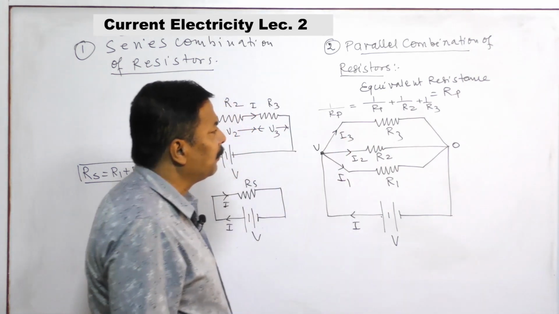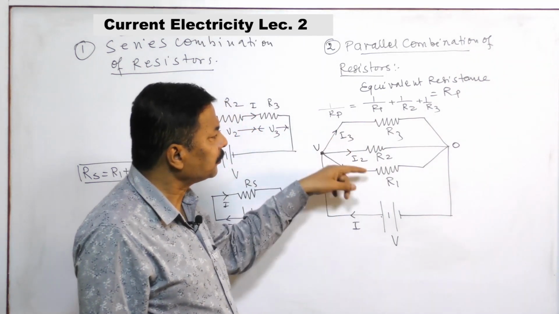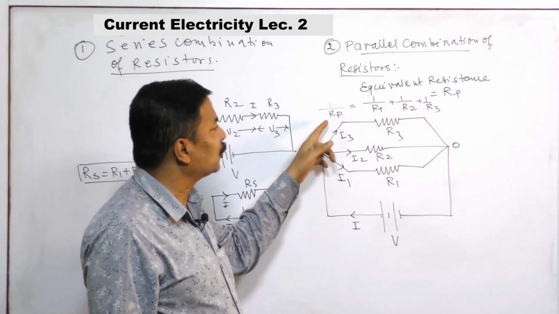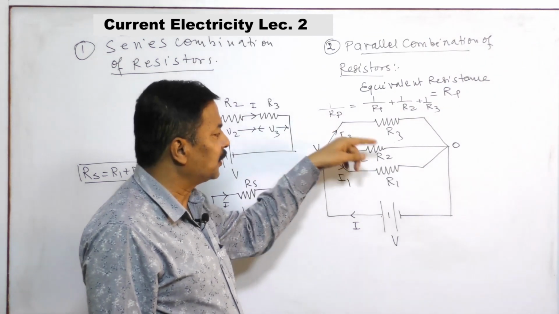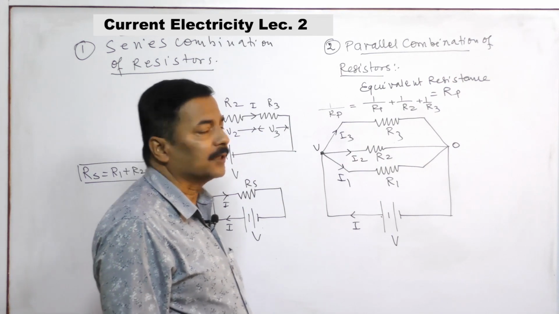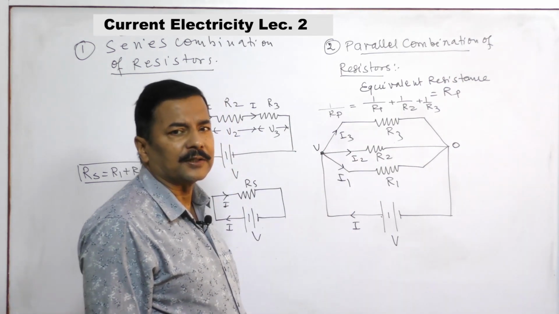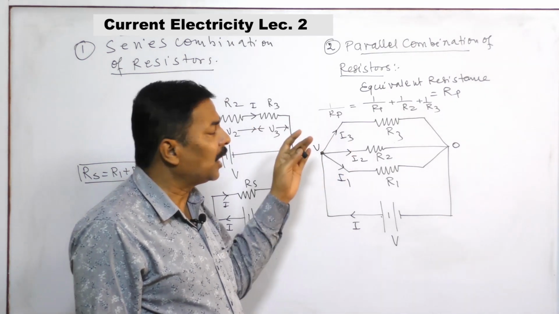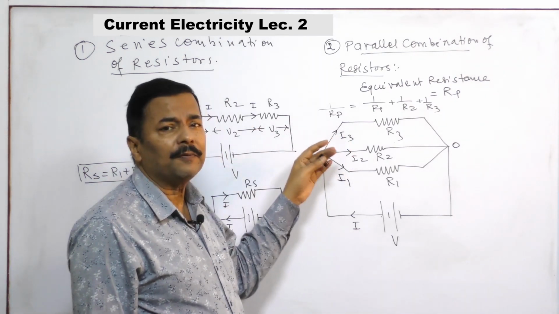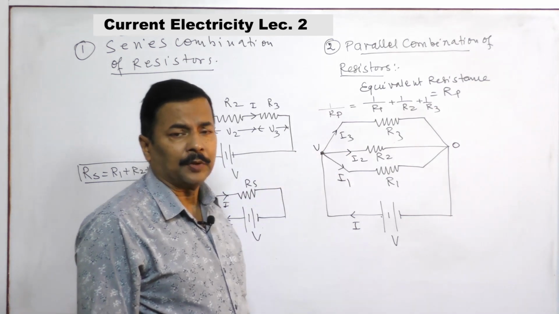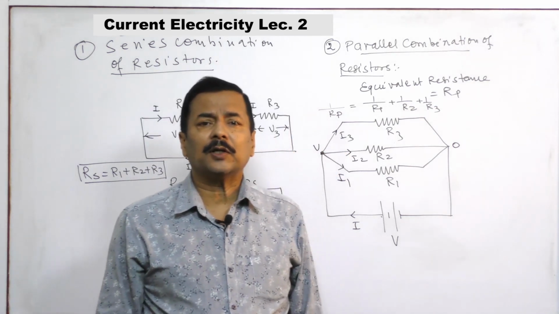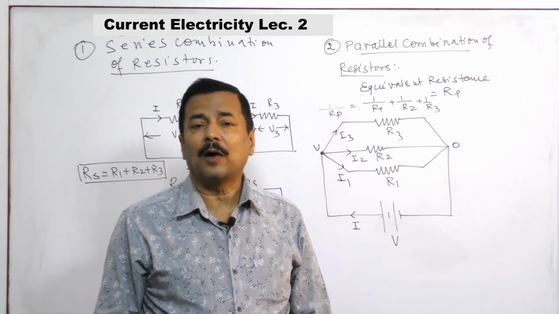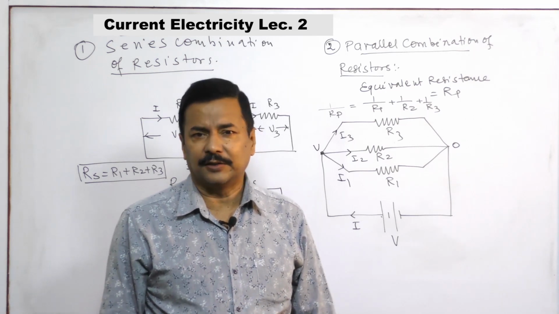This is the way if we want to replace all three resistors by a single resistance, that should be Rp. So this is the case of parallel resistance combination. Series and parallel resistance is very simple. You will understand it better when you see the application. We have to see the application of series and parallel resistances, how we will find the current, how we will find the potential drop, and all these things.